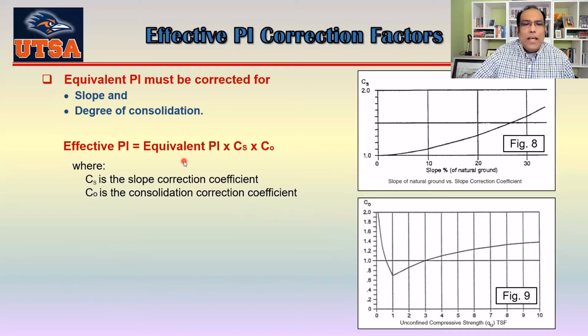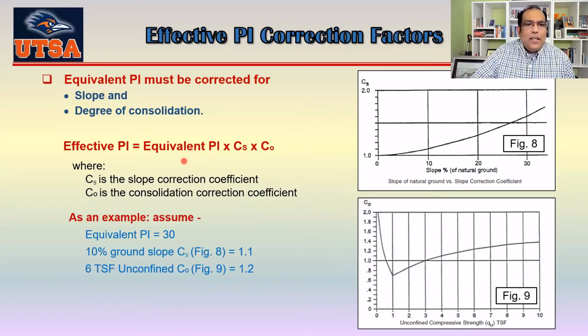Okay, now take a look at a simple example. My equivalent PI, let's say, is 30, and let's say the ground has a 10% slope. So CS from this figure 8, you can see for 10, CS is 1.1, and for 6 TSF unconfined compression strength, if you go to 6 here, you will see this one is around here, right?